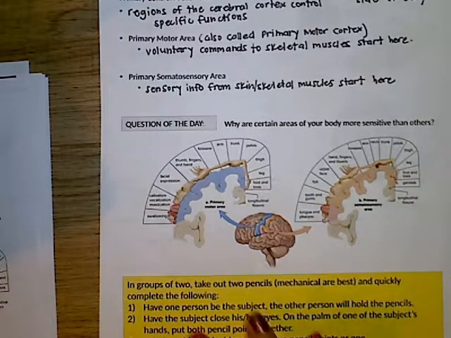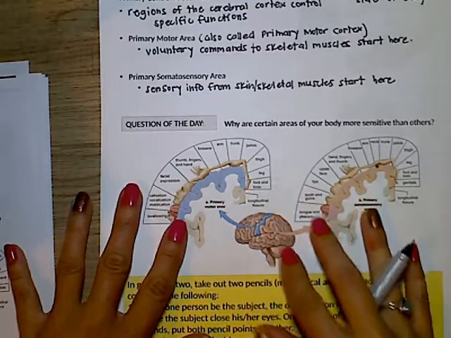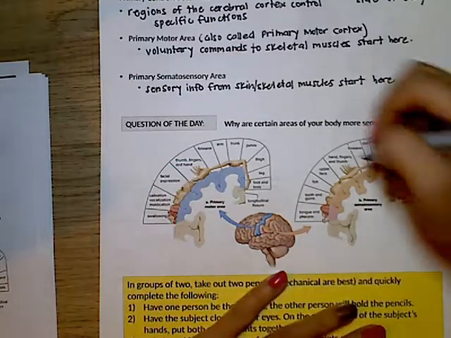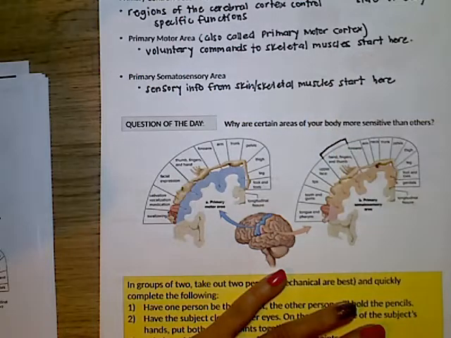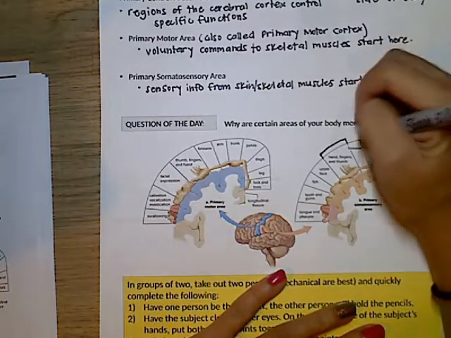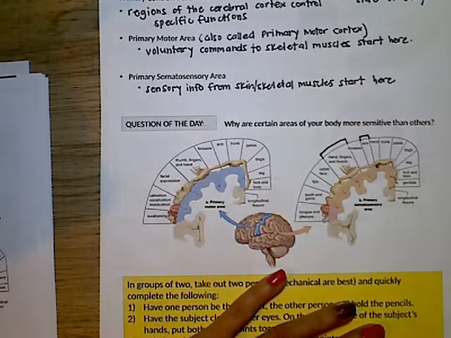We use our fingers for a lot of sensation, for feeling and touching. So they're more sensitive, and you can see there's actually more space on your brain dedicated to sensing things from that area than there is from your arm.